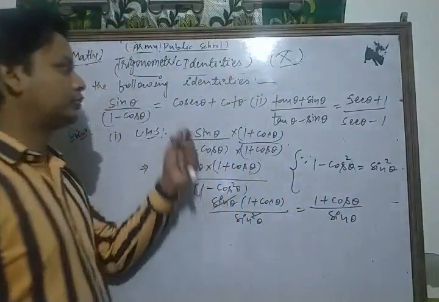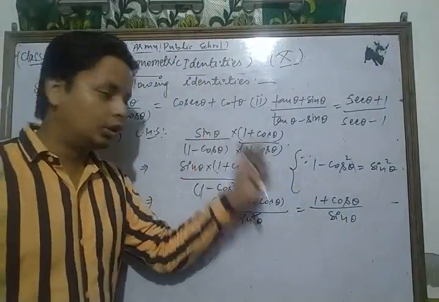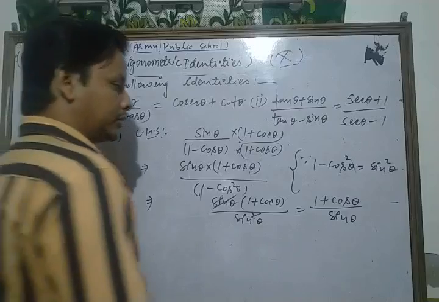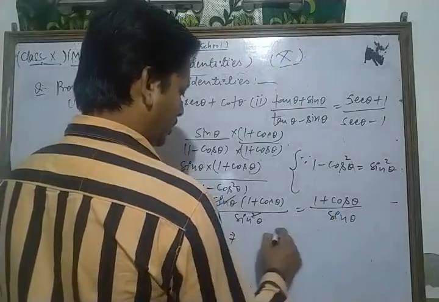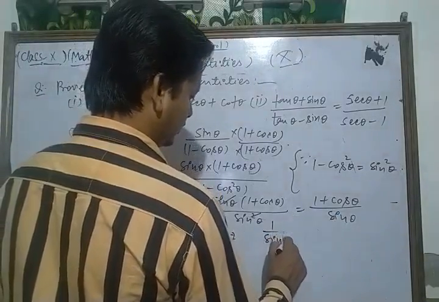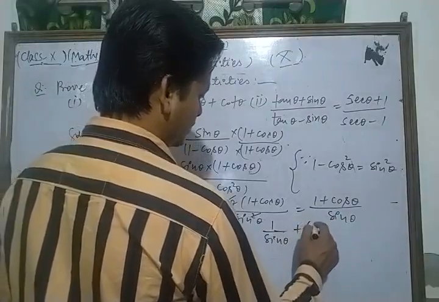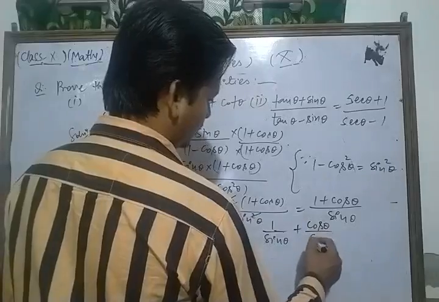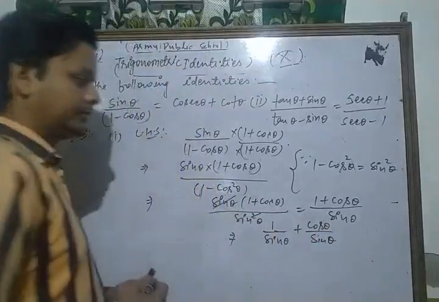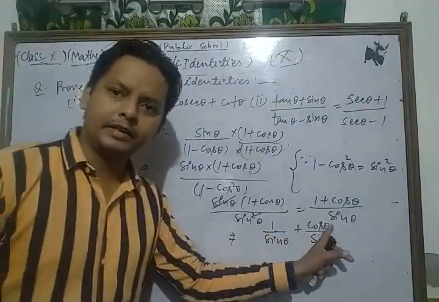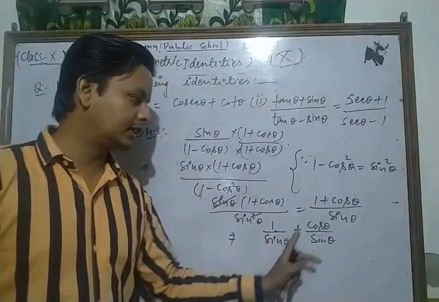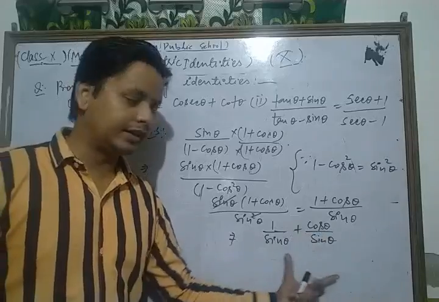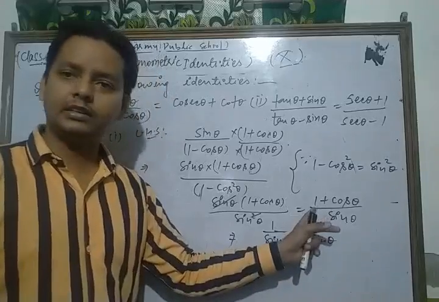But we have to show that cosec theta plus cot theta. So here we separate the terms. So we can write here 1 upon sin theta plus cos theta upon sin theta. We can separate in this way. If we take LCM, we get this value.